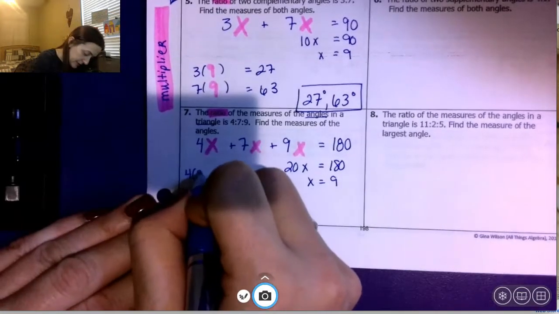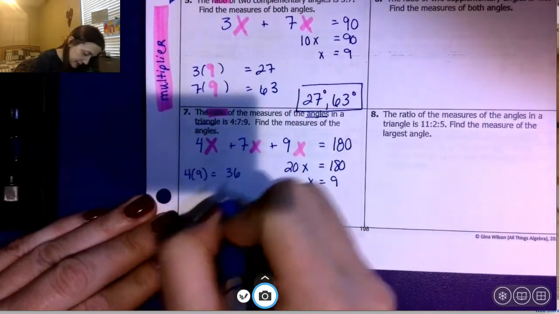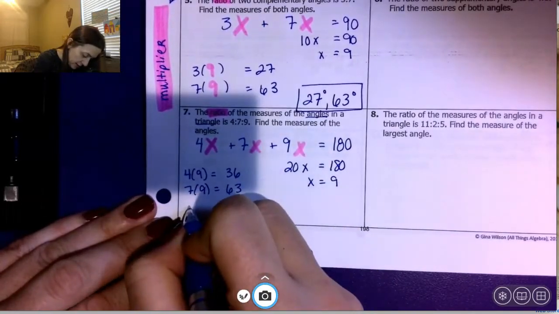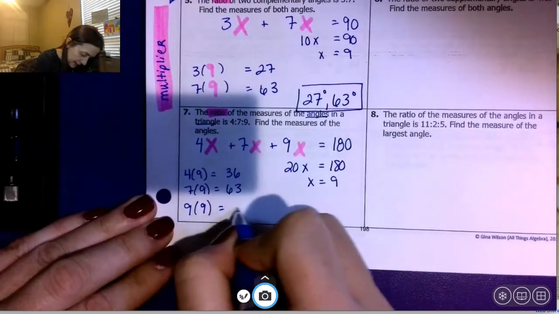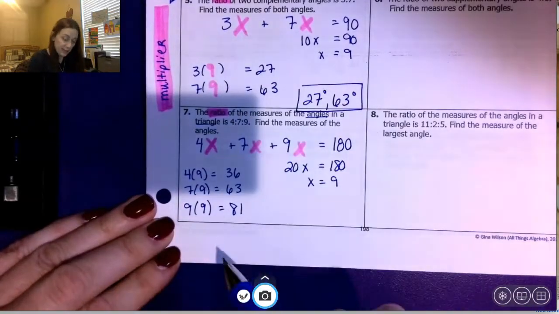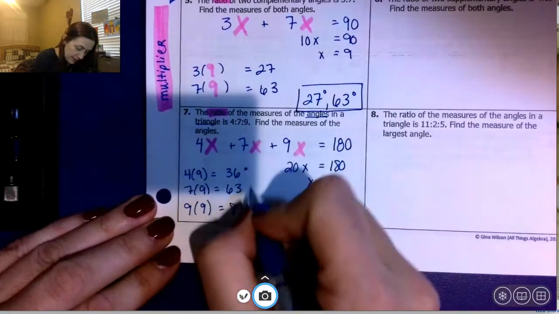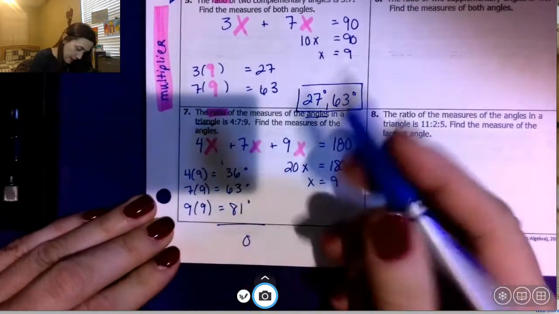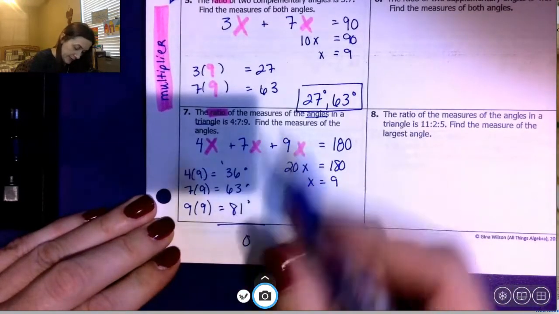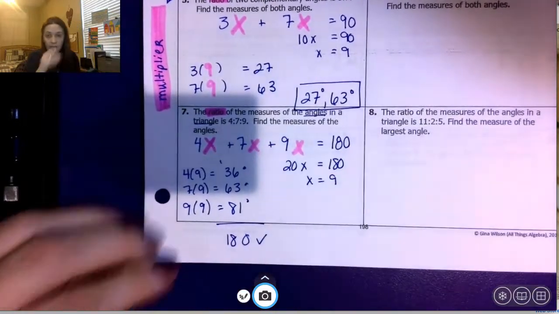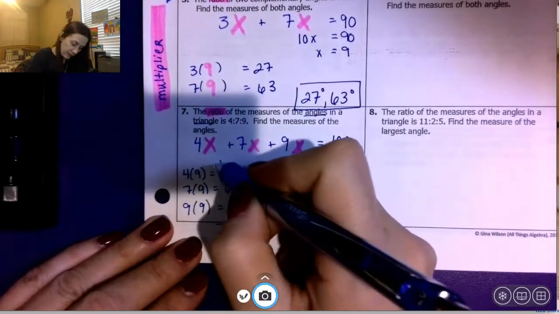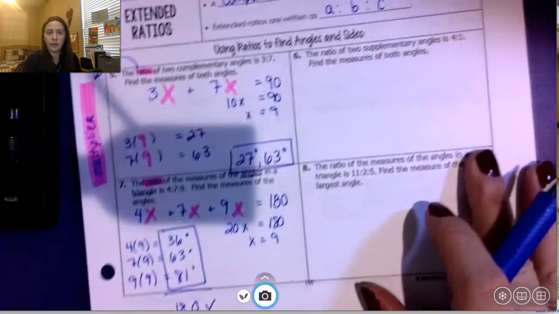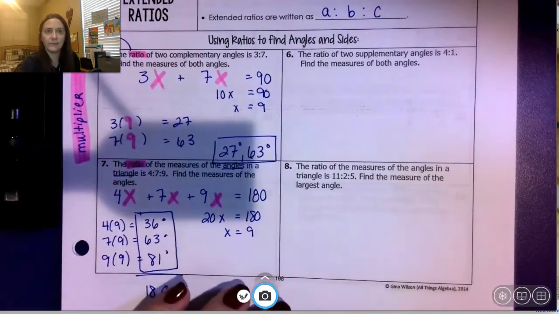So I have 4 times 9 is 36, 7 times 9 is 63, and 9 times 9 is 81. These are the measures of the angles. Angles add up to 180, so you can always add them together: 9, 10, 14, 15, 17, 18. So it worked. It gave me 180 degrees. My angle measures are these 3 angles here. I'm going to pause the screen and work out the other 2. You guys go ahead and pause it and come back and check those.